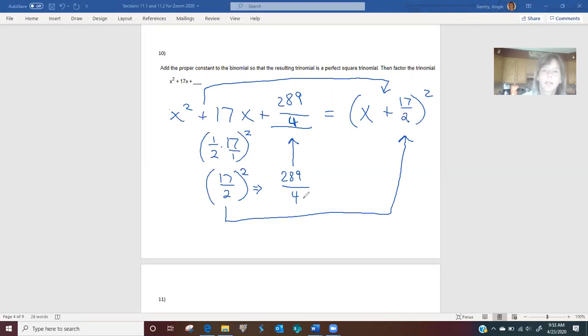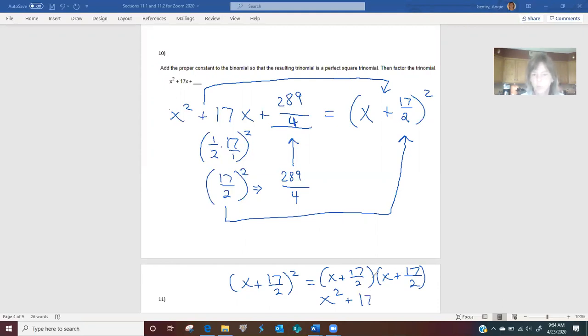And the outside, if you take the x plus 17 halves and you square it, you get x plus 17 half times x plus 17 half. And then you FOIL it. 17 half plus 17 half is 34 halves, which is 17, you see, and then you have a 289 over 4. And that's that.